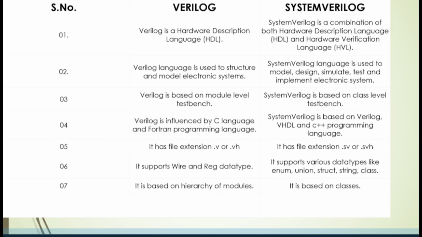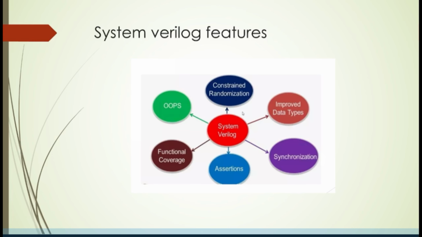That means class, parent class, child class, subclass. In this way you have everything in SystemVerilog class based. Okay, and coming to the advanced features of SystemVerilog, these are some of them: randomization, data types, synchronization, assertions, functional coverage, OOPs concepts. So these are various features in SystemVerilog.